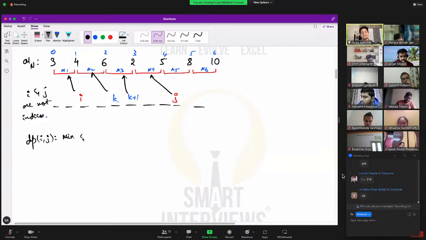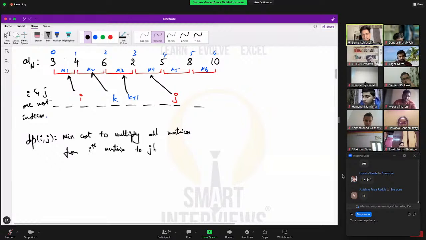Basically, we want to know the min cost to multiply all matrices from the ith matrix to the jth matrix. This is our DP state here.